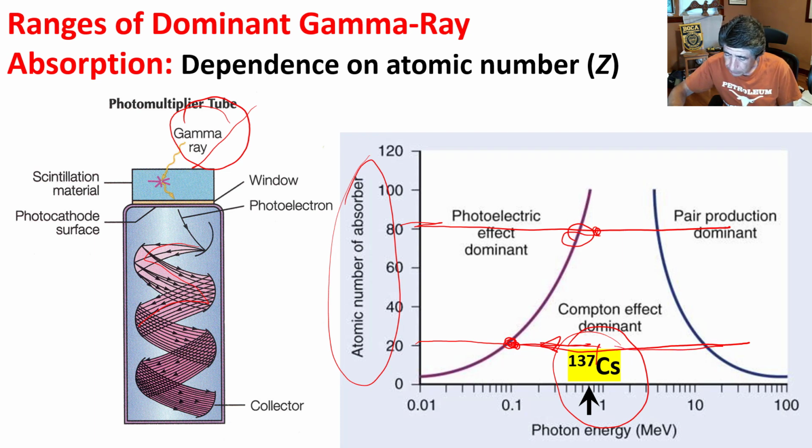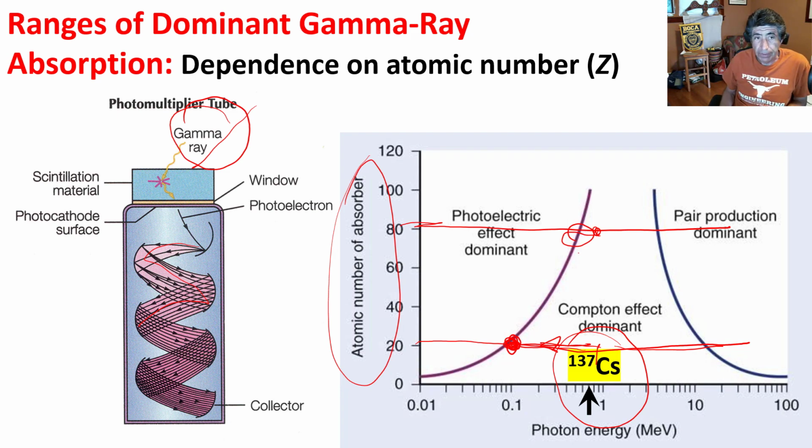But what this plot tells us is that the higher the atomic number of the element being hit by the gamma rays, the faster the gamma rays undergo photoelectric interactions. And the lighter the element is, the more interactions it will take in the form of Compton scattering before the gamma rays reach the threshold to photoelectric effect.